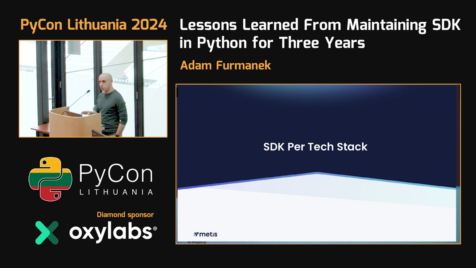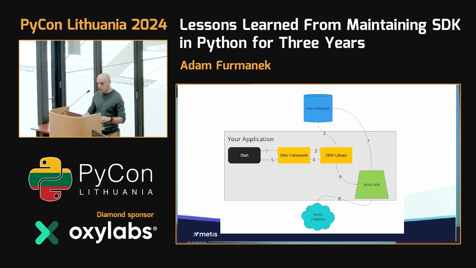So the first approach we took is, let's take your application and add a very tiny SDK of our own. You basically do pip install Metis SDK. Now what happens is you have your user calling your application. This goes to your web framework, could be Flask, could be whatever. Then you call some business logic that uses your ORM library to talk to the database.